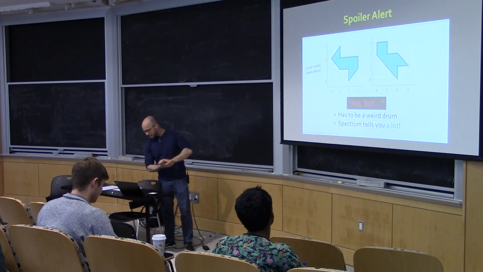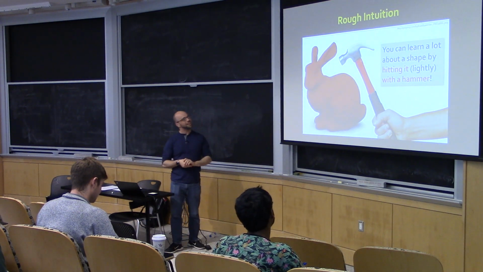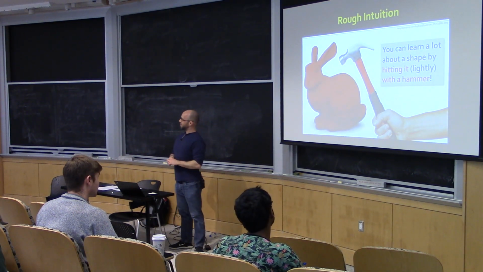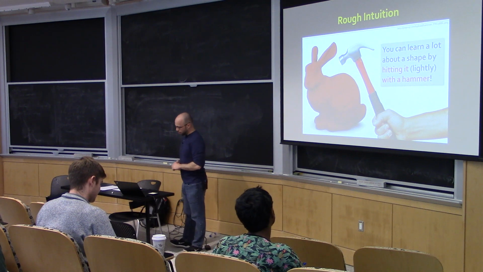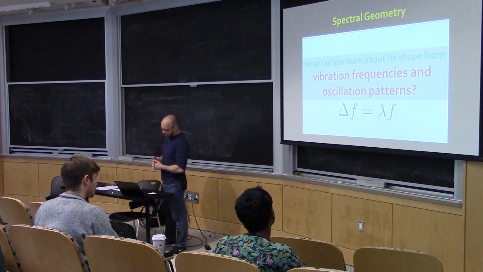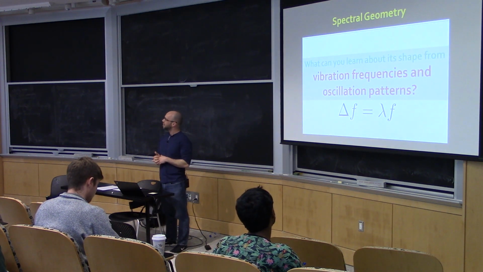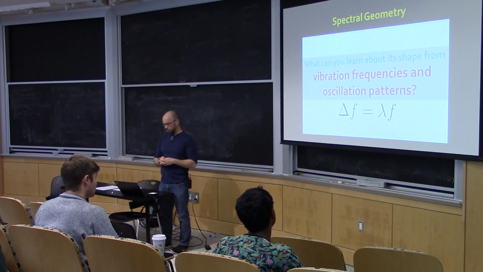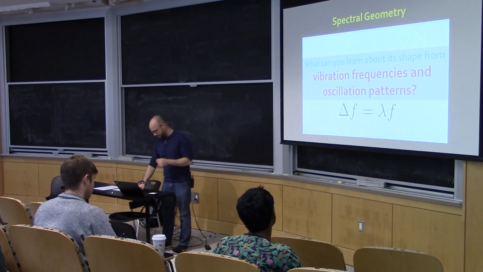Okay, so the basic area here is something called spectral geometry, and that's really just the key phrase for looking at the oscillation patterns, the vibration frequencies, and so on, and using those to tell you something about geometry. That's your high-level vocabulary word for the day.